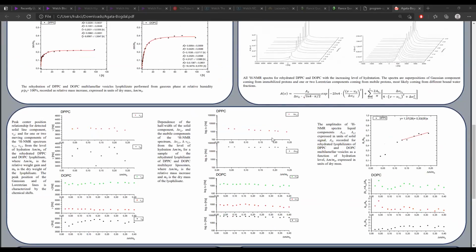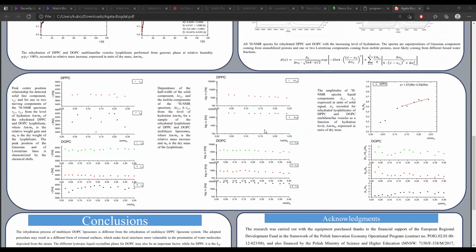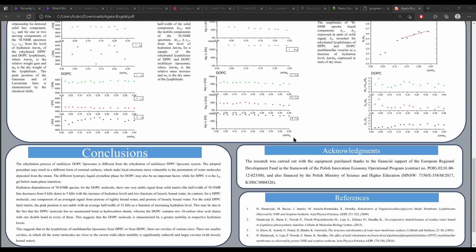For DPPC, we can observe only one sum of the water that is bound to the surface, and this peak has a half width of over 2000 hertz, so it is much broader than in DOPC, which is more mobile and in a different state, of course, because DPPC is in the gel state at room temperature, but DOPC is in the liquid crystal form.